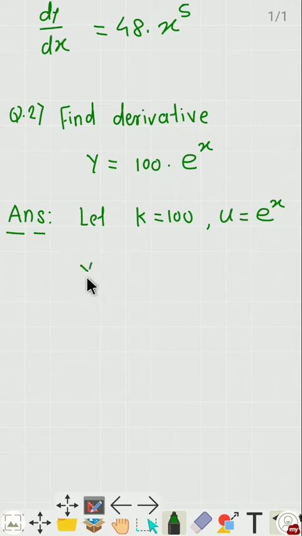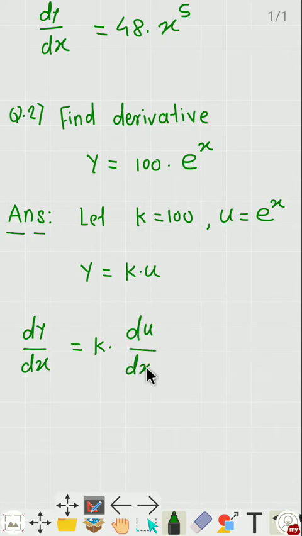so y is equal to k times u, and we know that the derivative of y with respect to x is equal to constant k, as it is. k is a constant, it is 100 now, that's why it is constant. And we write the derivative of u with respect to x, so here k means 100 and derivative of u with respect to x, u function is here, and its derivative with respect to x is e raised to the power x.